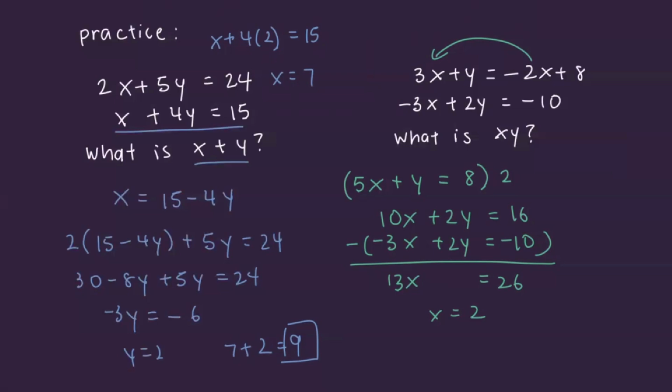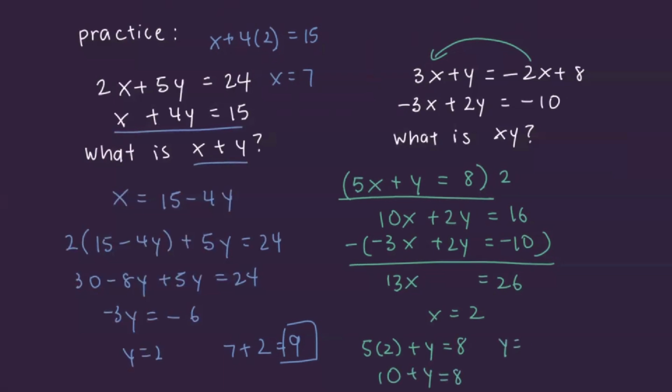Let's use this equation. We have 5 times 2 plus y equals 8. 10 plus y equals 8. And y will equal negative 2. So the product of x and y is 2 times negative 2, which is negative 4.